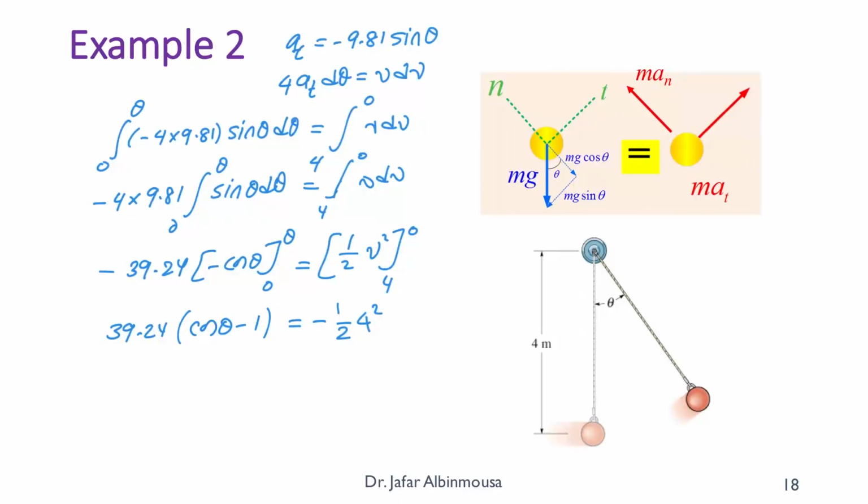Now, if I work this out, I will get cosine inverse of minus 8 divided by 39.24, that's a 4, plus 1, and this is going to be 37.2 degrees. So this is basically the angle at which the ball will stop momentarily.